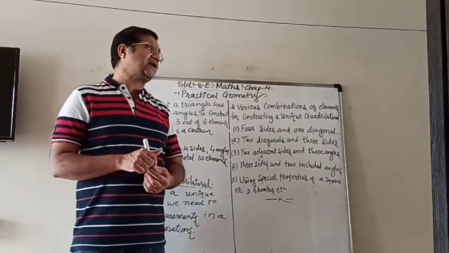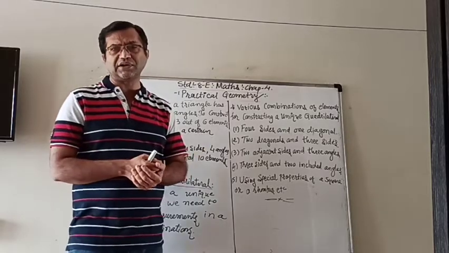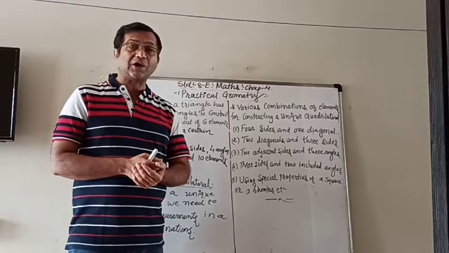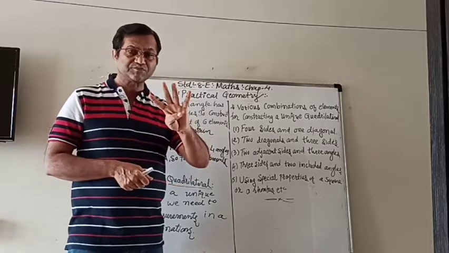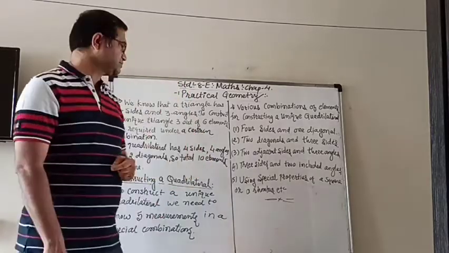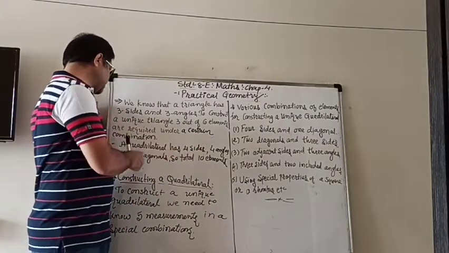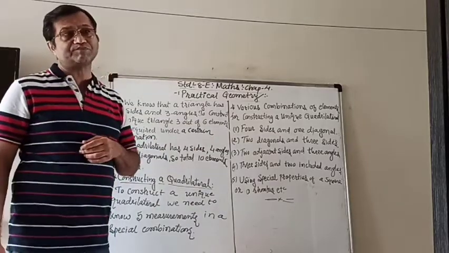And as we learned already, the elements of the quadrilateral. A quadrilateral has total how many? 10 elements. 4 sides, 4 angles and 2 diagonals. Right? So quadrilateral has 4 sides, 4 angles and 2 diagonals. So total 10 elements are there.